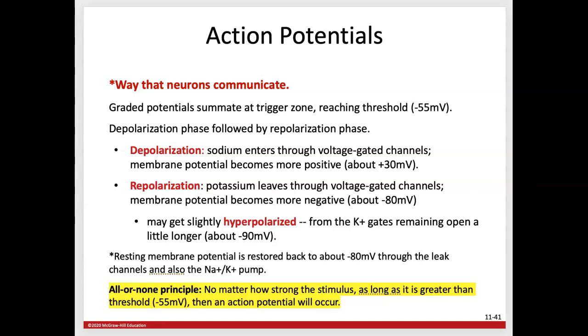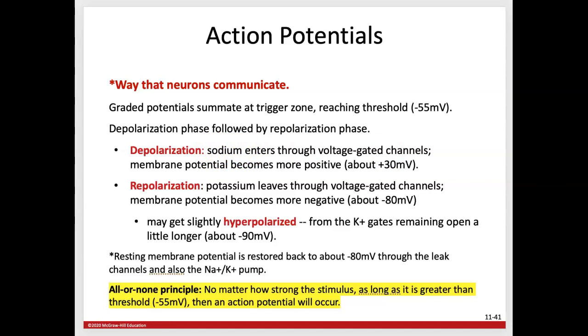So during an action potential, the polarized membrane can become depolarized, which is when sodium enters through those voltage-gated channels into the cell, and the cell membrane becomes more positive, somewhere around positive 30 millivolts, because that sodium brings with it its positive charge.